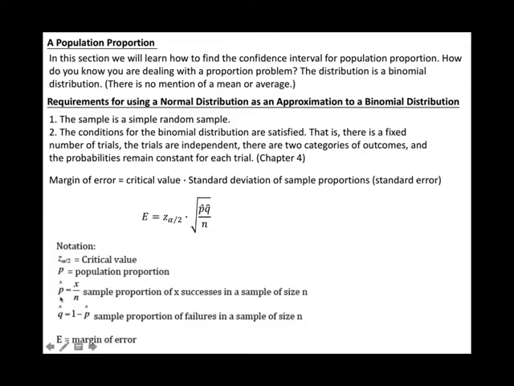Sometimes they will give you the sample proportion, or sometimes they will give you the number of successes. X represents the number of successes, divided by the sample size. Then q hat is the sample proportion of failure. You can do 1 minus p hat. P hat and q hat are complements. E stands for the margin of error.